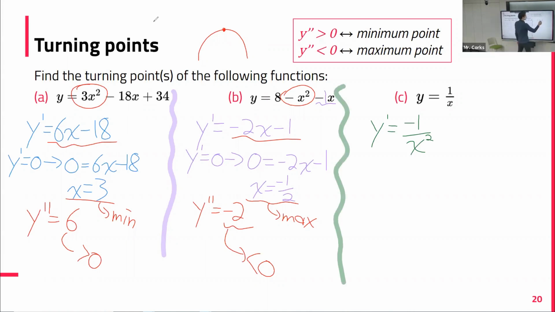So just remember, we could rewrite this as x to the exponent -1, and then -1 times 1 is -1, and then our exponent subtracts 1. Okay, so we have this thing, and we set that equal to 0. So 0 is equal to -1 over x squared.